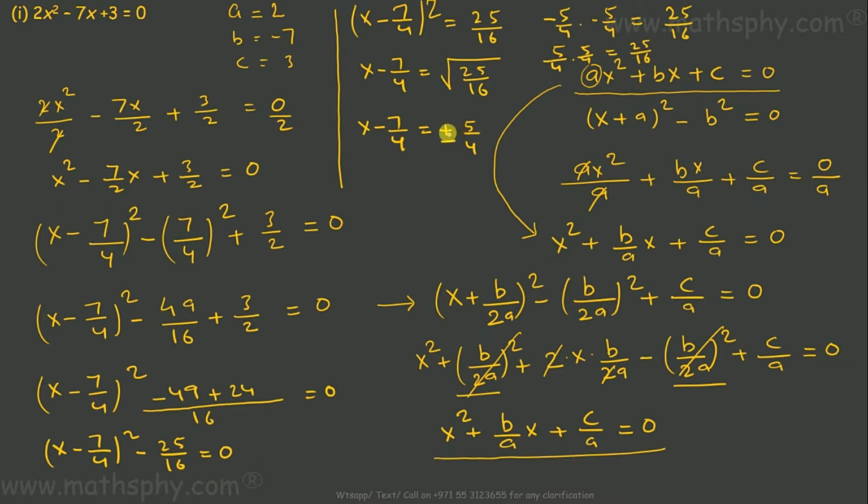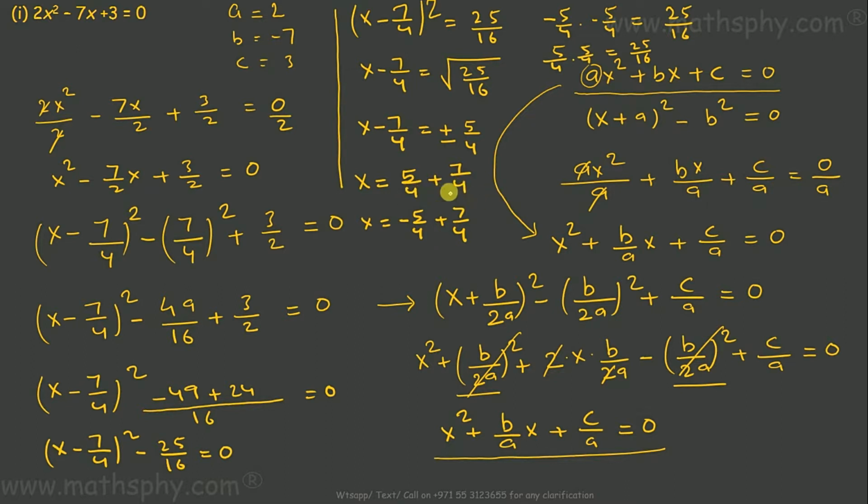That is why this is positive and negative both. So x would be 5 over 4 plus 7 over 4, and x would be negative 5 over 4 plus 7 over 4.